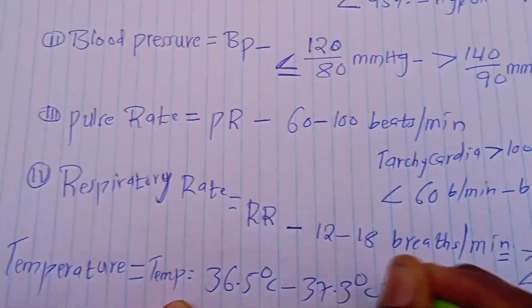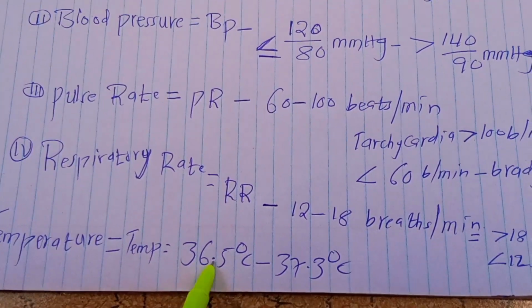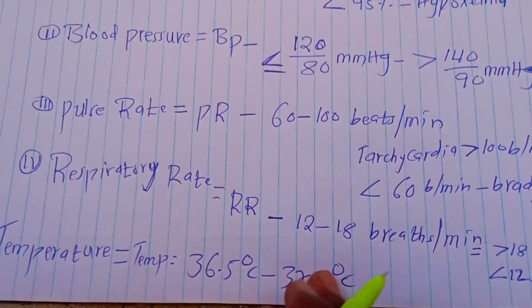A normal body temperature is 36.5 to 37.3 degrees Celsius.